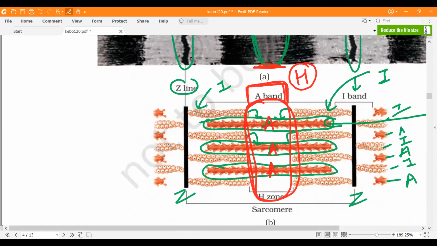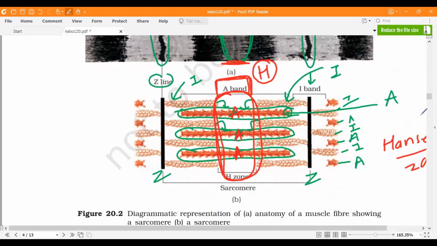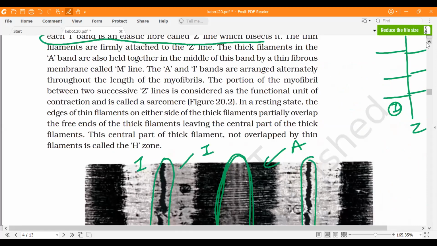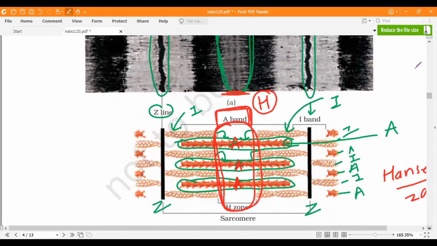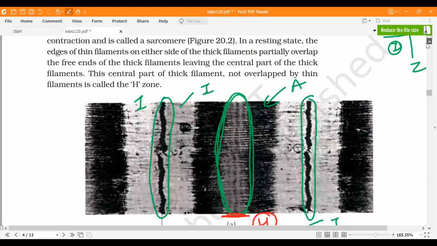Okay. So till now we have discussed A, I, Z, and H. Clear this much? Now there is a thin line in this H zone, and that is what we call the M line.